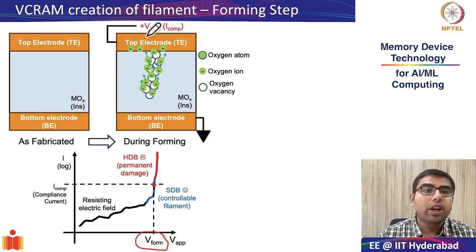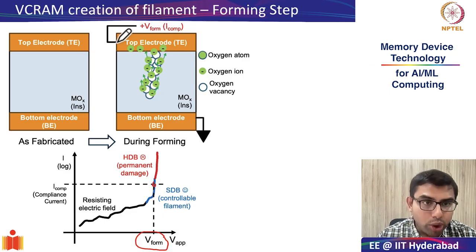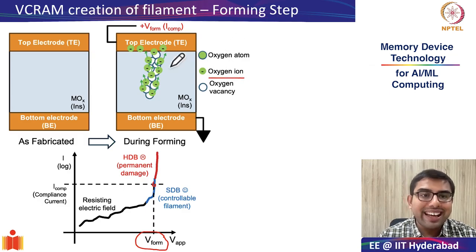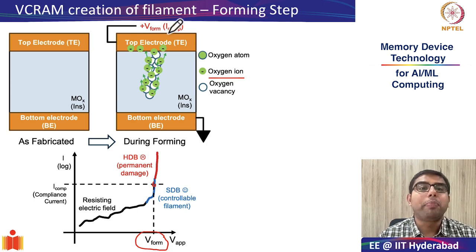As a result, during the forming stage, when you apply a forming voltage with a compliance current, as you can see from the schematic, oxygen ions, or oxygen anions, gain enough energy that they are ripped out of their molecular structure and start moving towards the positively biased top electrode.